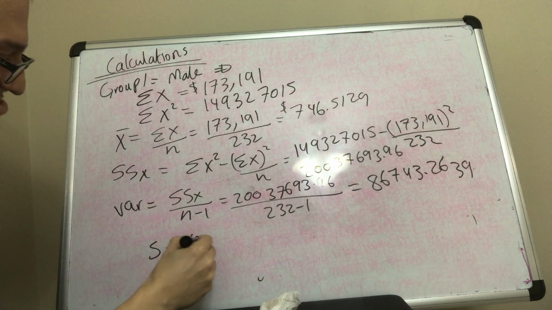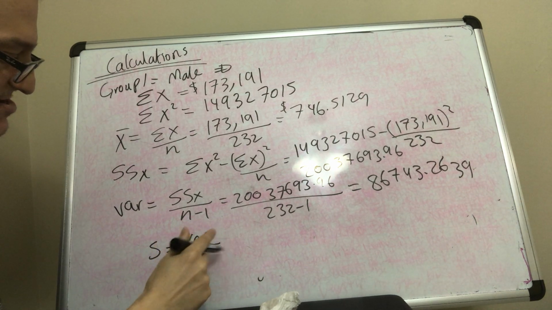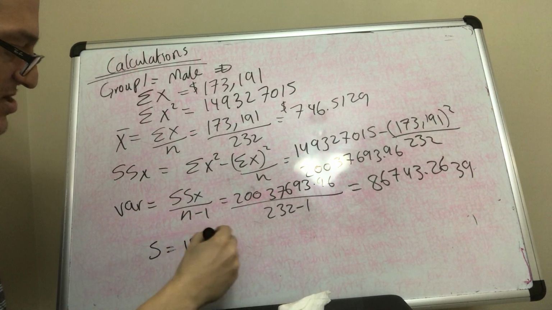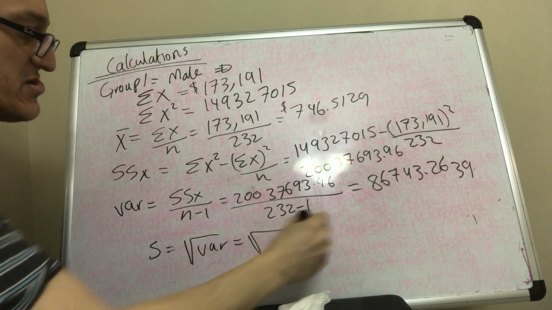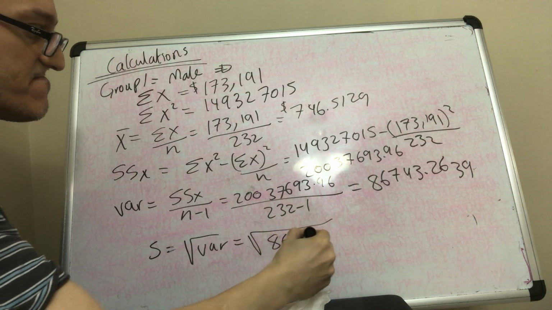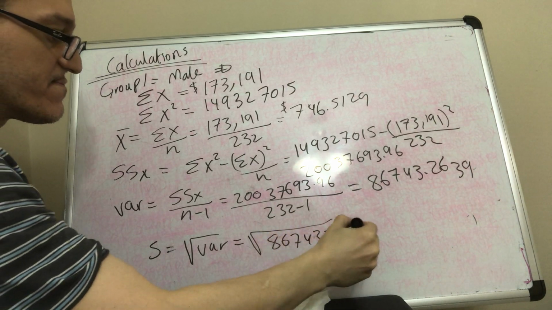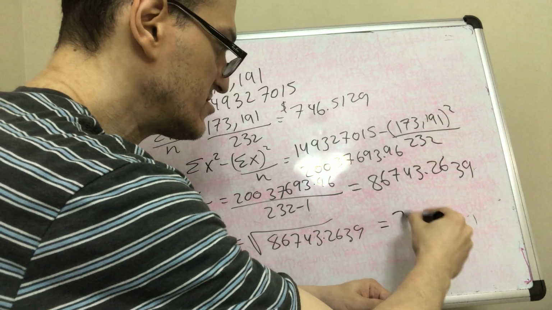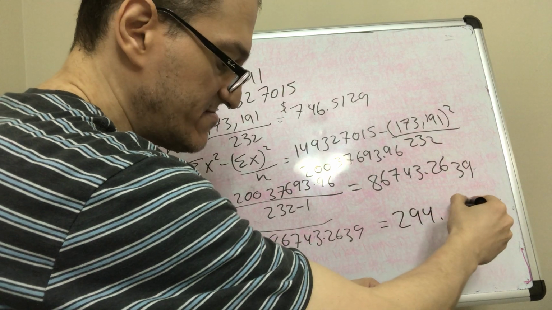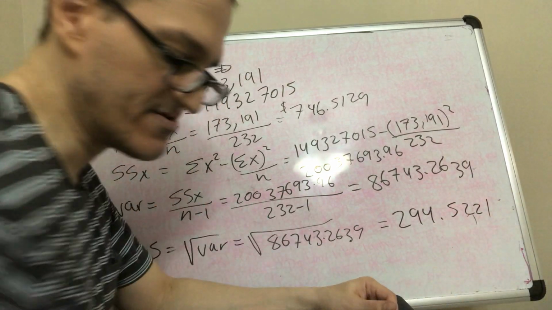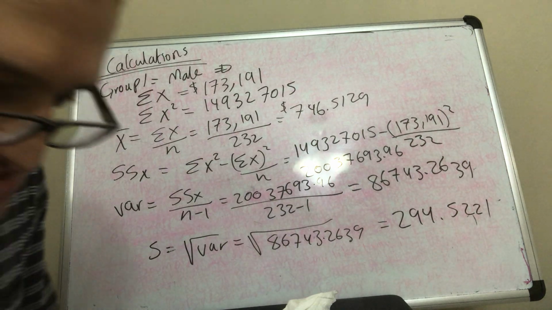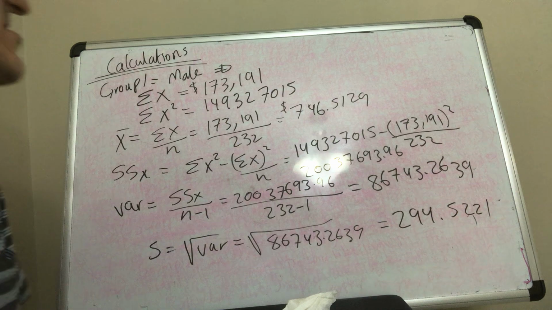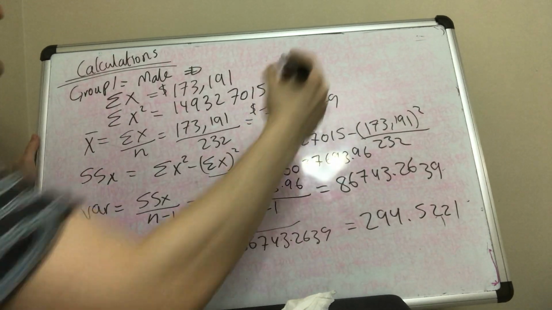And to take the standard deviation, we square root the variance, so we square root this number. So 294.5221. So that would be the standard deviation for the first group and the average.